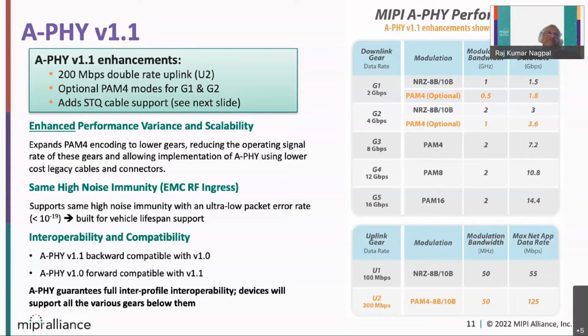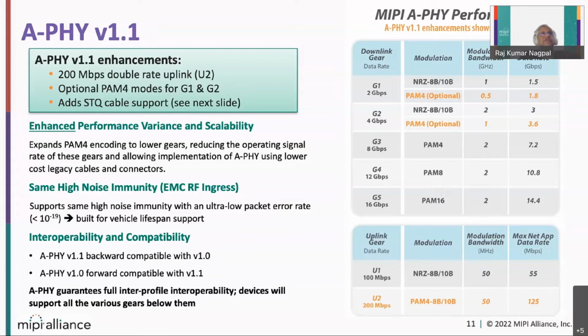So for Gear 1 and Gear 2, your interconnect can be cost optimized without putting in performance loss, and you achieve that because PAM4 modulation is going to reduce your baud rate.